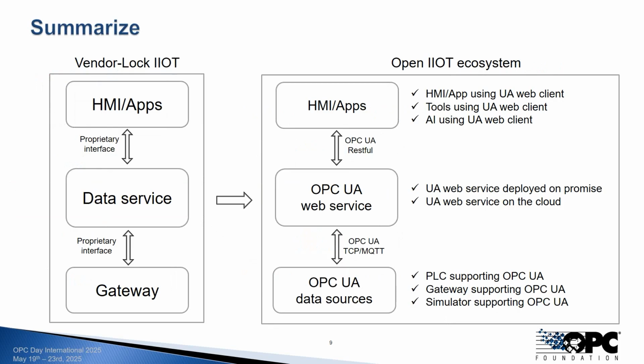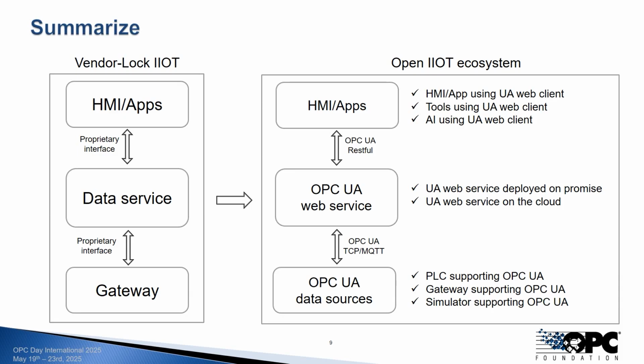In summary, unlike vendor-locked IoT system, the standardized OPC UA WebAPI is able to decouple an IoT system into independent components. As a result, customers will have more flexibility in selecting the solutions and can integrate them according to their needs.